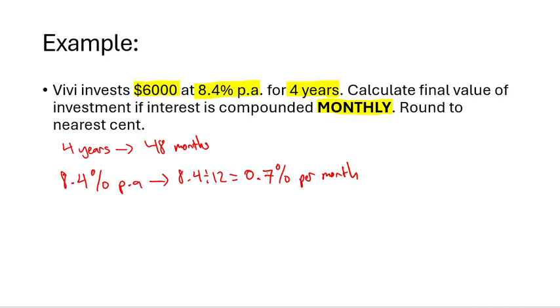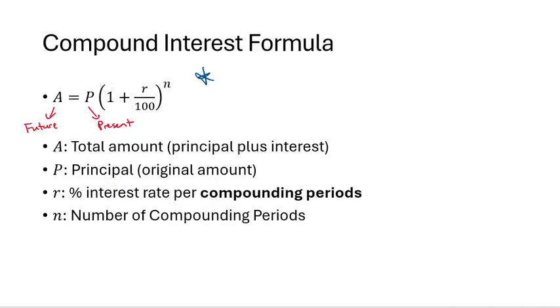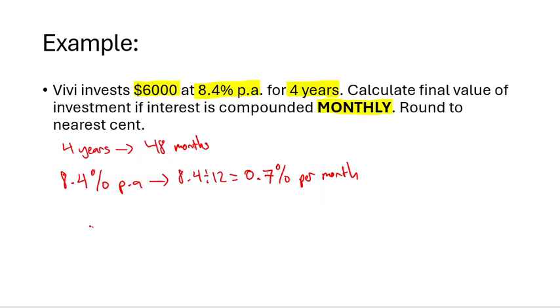Okay. Now, that in mind, just apply the formula again, but you're just going to change the numbers this time. So this will now become A equals 6,000, 1 plus 0.7 over 100 to the power of 48 instead.